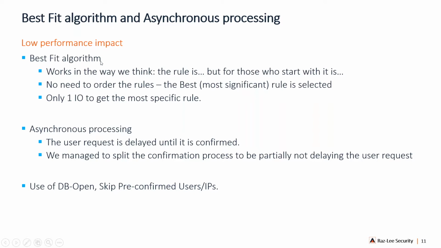The first algorithm that we use is called best fit. Now, best fit is the idea that we speak normally in this way. We say, okay, no one is allowed to get into this building except those who carry something, or except those whose name is something.